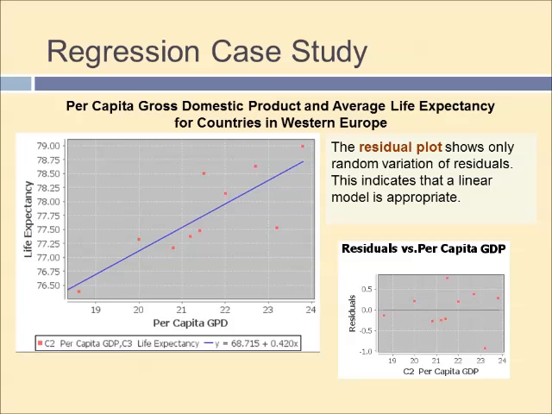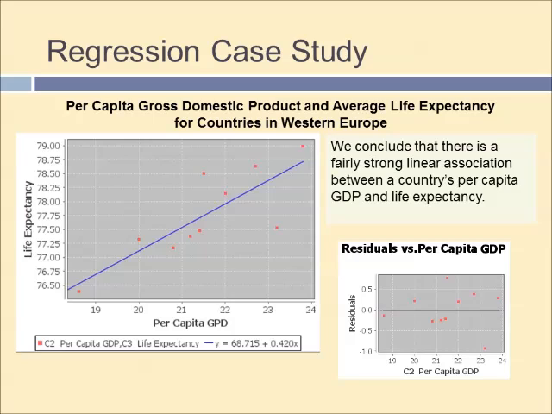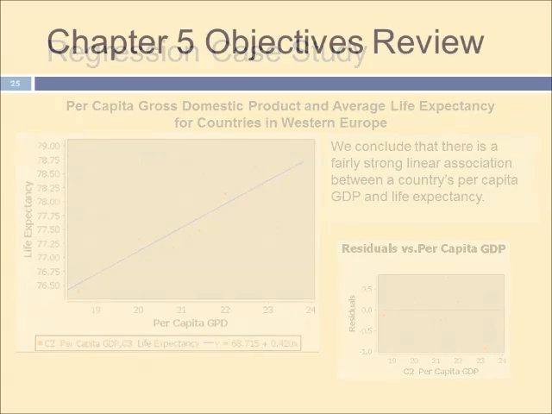So this indicates that a linear model is appropriate. We conclude that there is a fairly strong linear association between a country's per capita gross domestic product and life expectancy. So the higher the gross domestic product, the longer people tend to live.